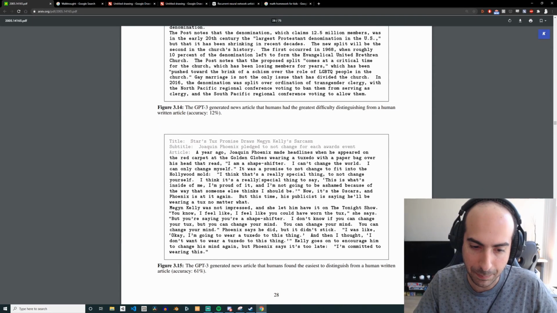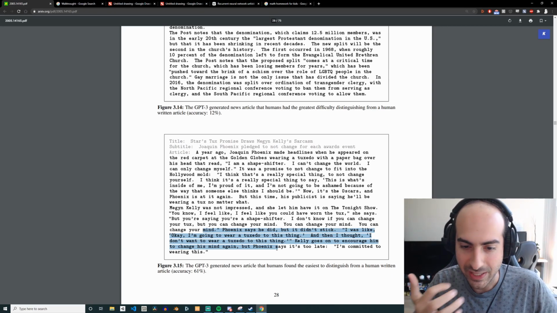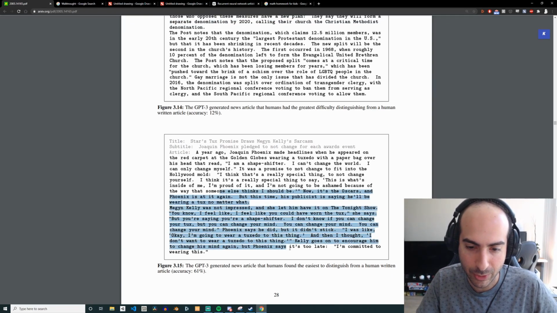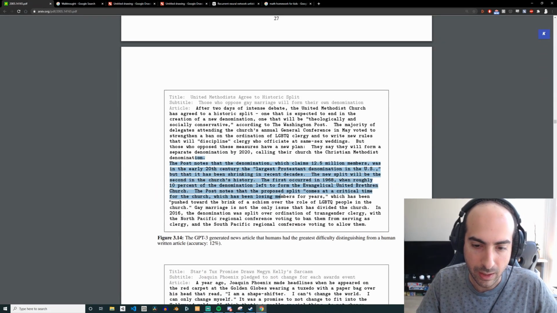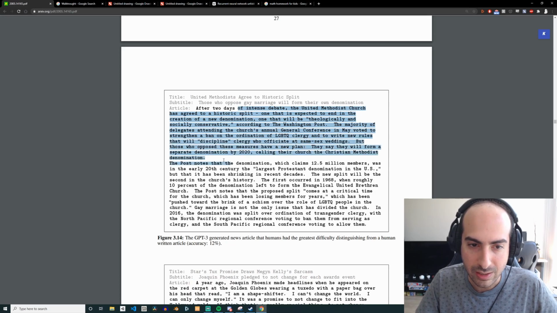Here, for example, this was an article that humans found really easy to distinguish. I think it's because they use trivia knowledge, like Megyn Kelly and Joaquin Phoenix, and this seems like somewhat of an unreasonable discussion, which is why humans would find it really hard. Whereas here, let's say the United Methodist Church, something about 10% left.